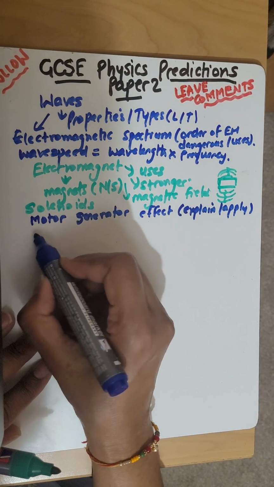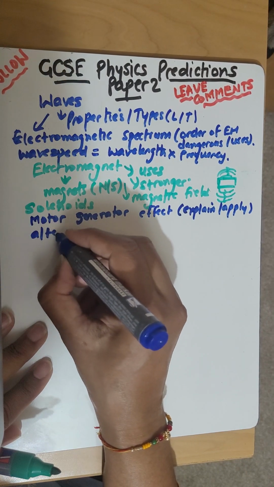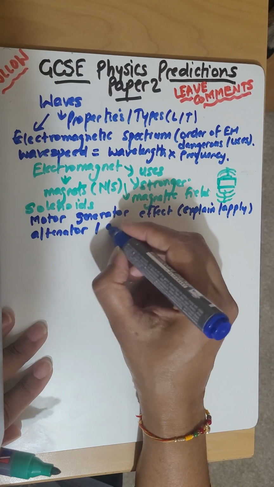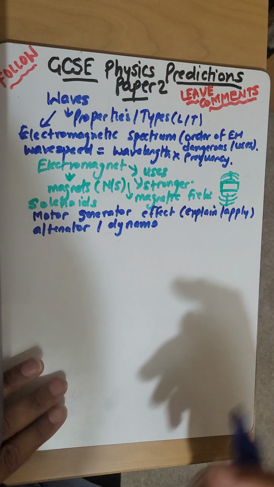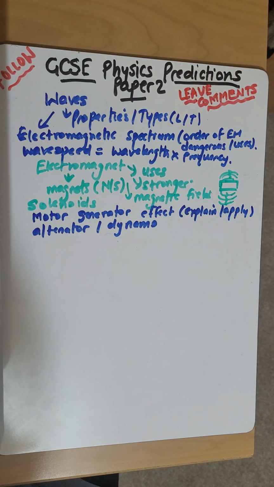Also linked to this one is your alternator and generator. We talked about that. And you've got the dynamo. In the dynamo, you could talk about the bicycle, how the light goes on when you're pedalling away. So these are all the linked topics here to electromagnets.